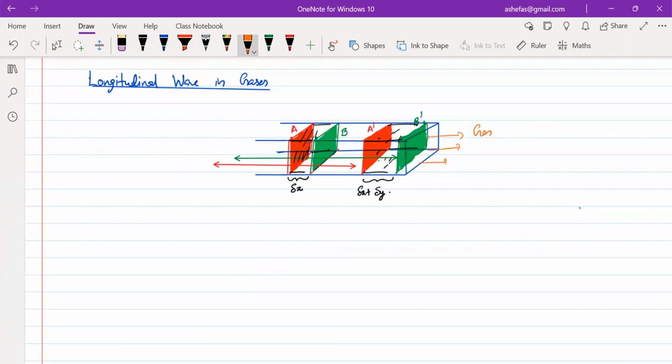Now let the planes A and B represent two equilibrium positions of two planes in gaseous medium.